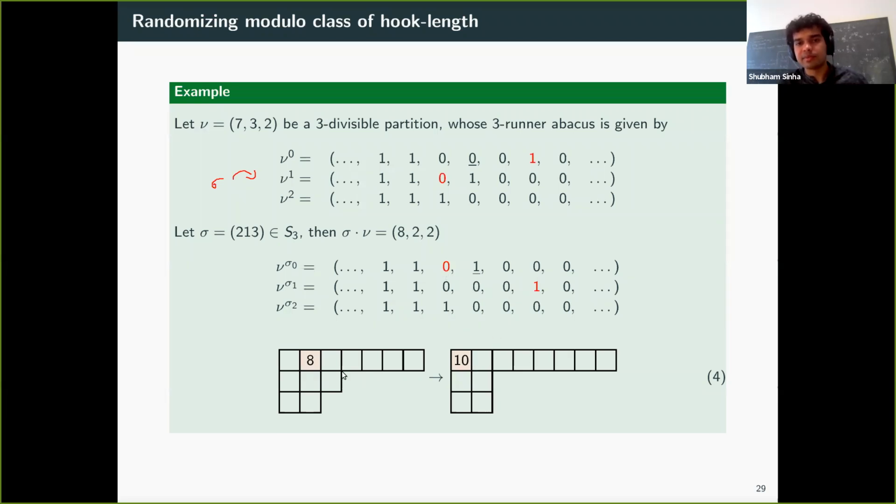So these are subpartitions of these partitions up to when you act with sigma. So you get a bunch of partitions, and the subpartitions are invariant, and these cells will permute the modulo class just by permuting the position of the rows where 0 and 1 lie. Any questions?